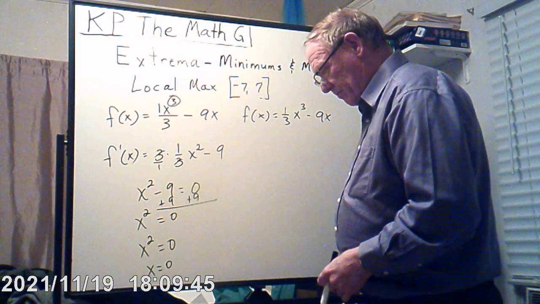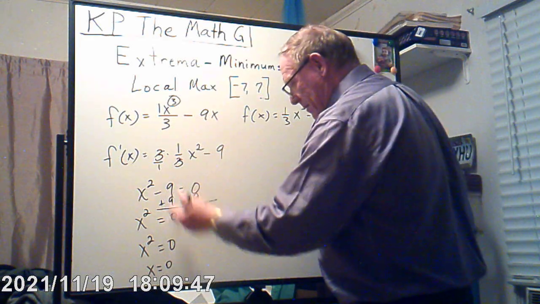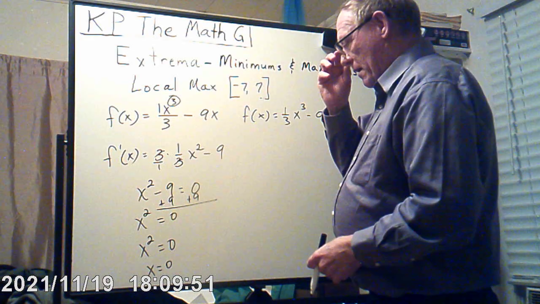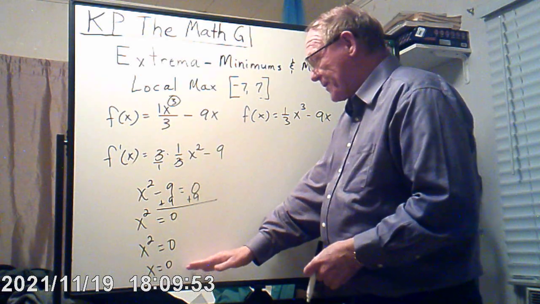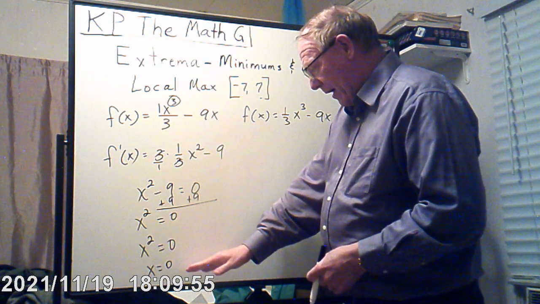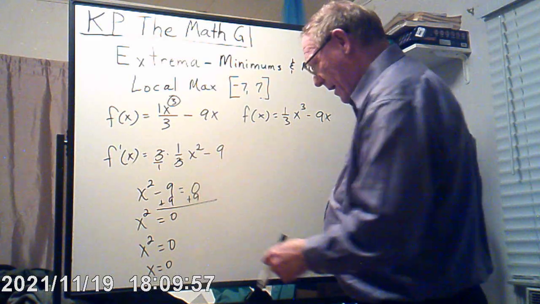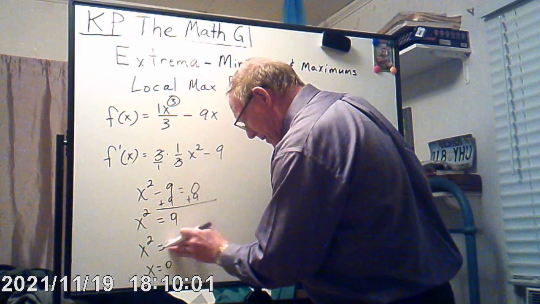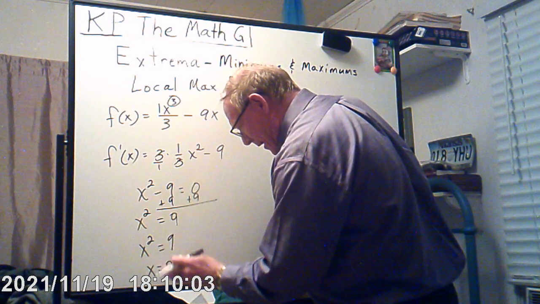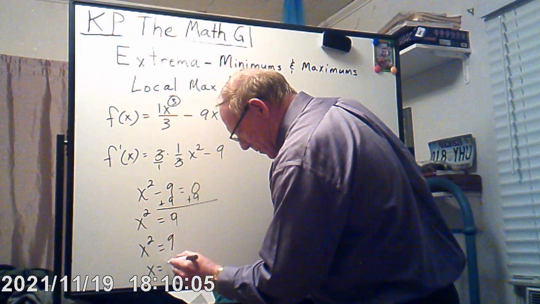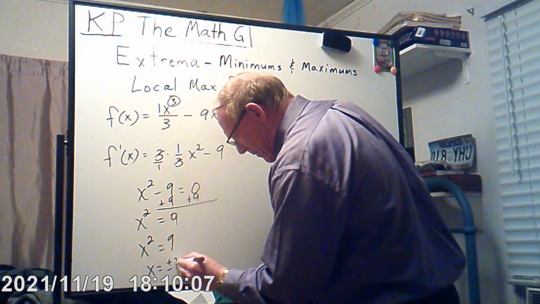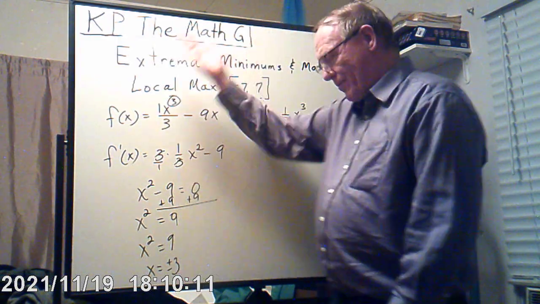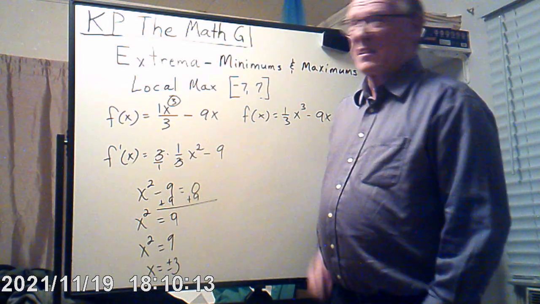Okay? If you take the square root of both sides, the square root of 0 is still 0. Alright, so we have, I'm sorry, this is not 0, it's 9. What am I thinking? X squared equals 9. X equals, now you got to remember, oh my goodness, what in the world was I thinking to say 0 plus 9 is 0?